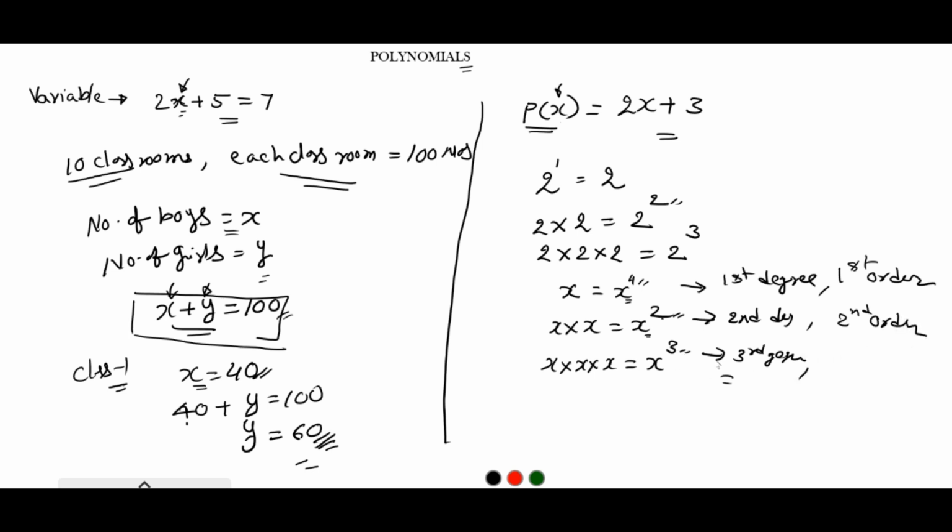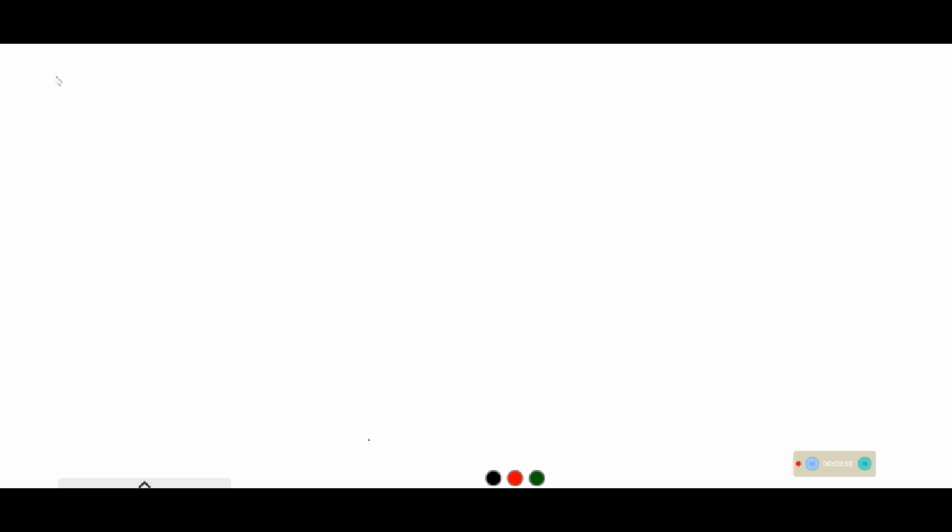If it has 3, it is a third degree or third order polynomial equation. We have other names for each one too. If the power is 1, it is called a linear equation; if it is 2, a quadratic equation; and if it is 3, a cubic equation.